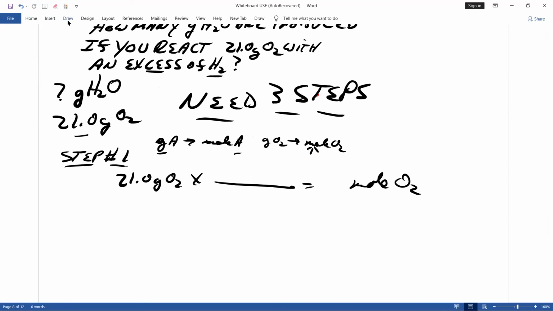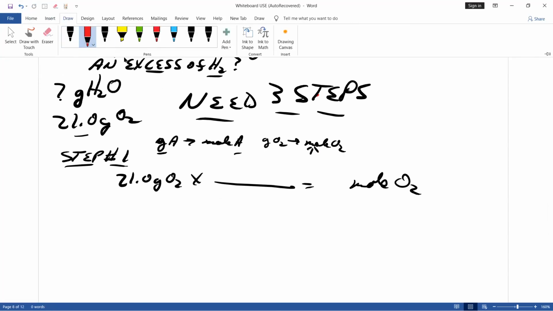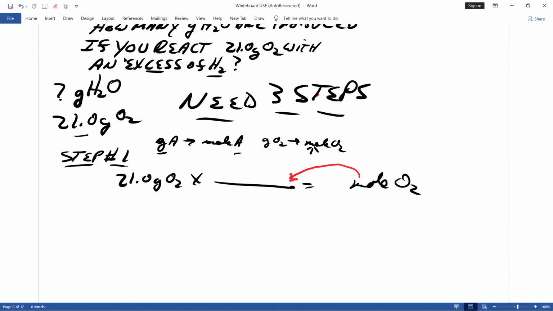And now I'll use my good buddy, my good friend, unit analysis. Whatever we're trying to get to goes on top. Whatever we're trying to get rid of goes underneath.